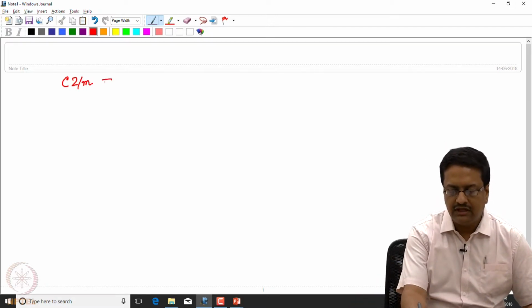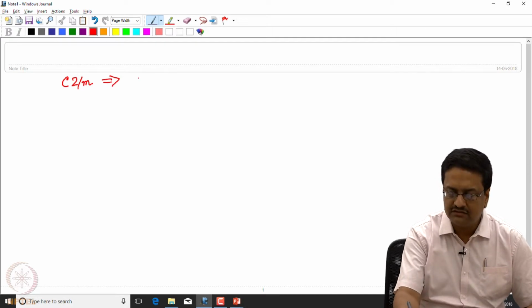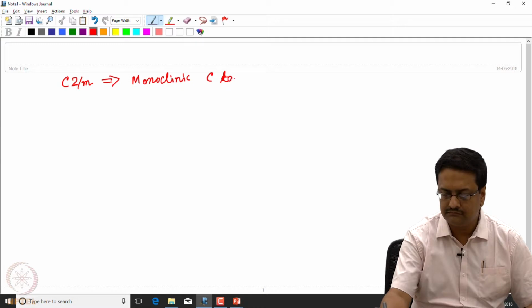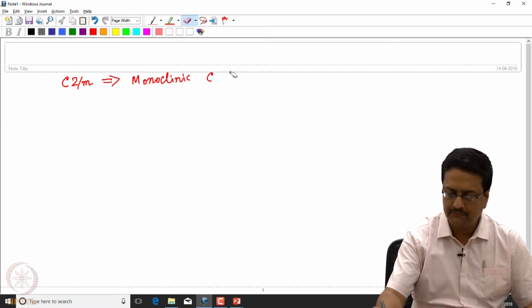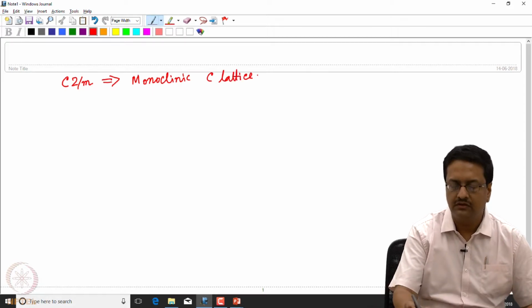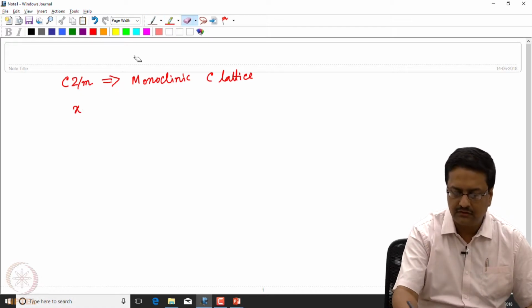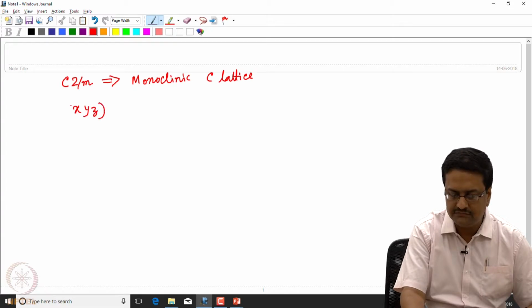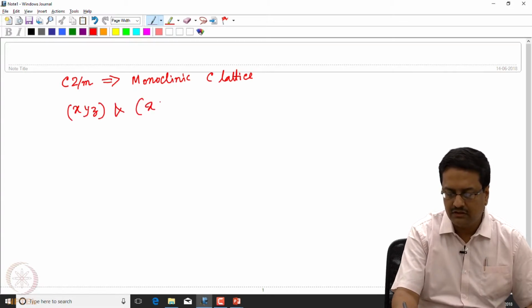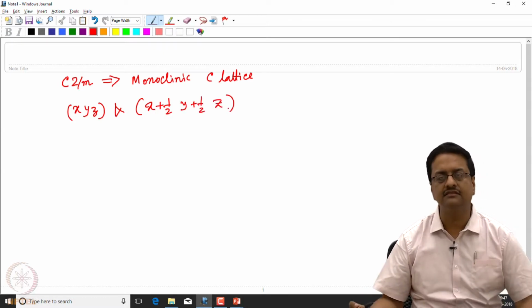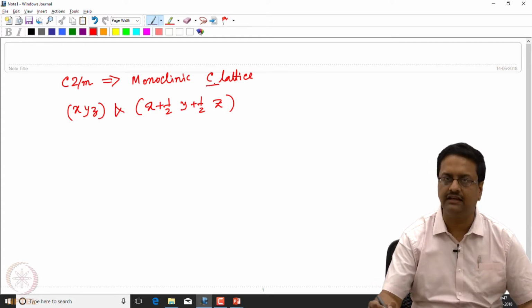So when we have a space group like this, it means it is a monoclinic C-lattice, which immediately indicates that you should have points x, y, z and x plus half, y plus half, z as equivalent points because of C centering.